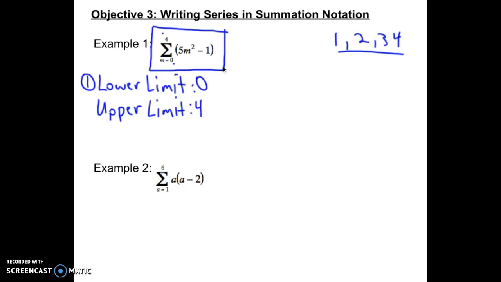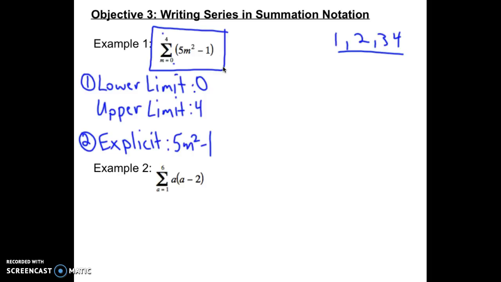So what this is saying is, in the explicit formula, you need to identify that as well, which is 5m squared minus 1. What this is saying is they want to know the 0 term, the first term, the second term, the third term, the fourth term, from 0 to 4. That's all this is saying.